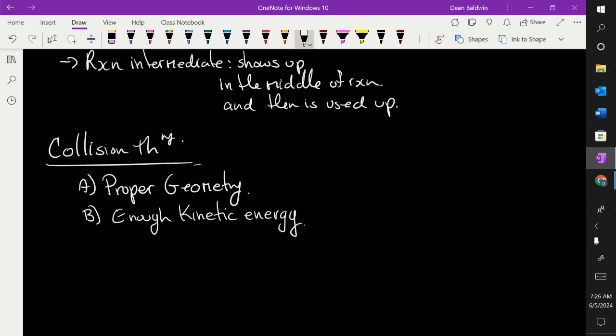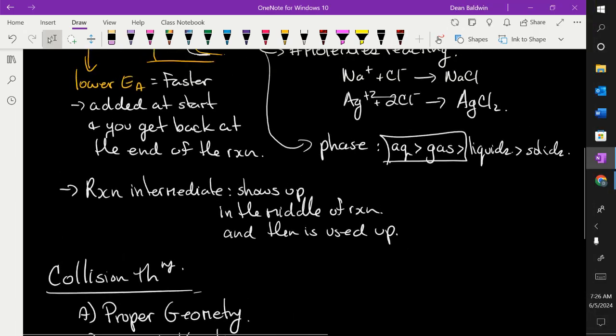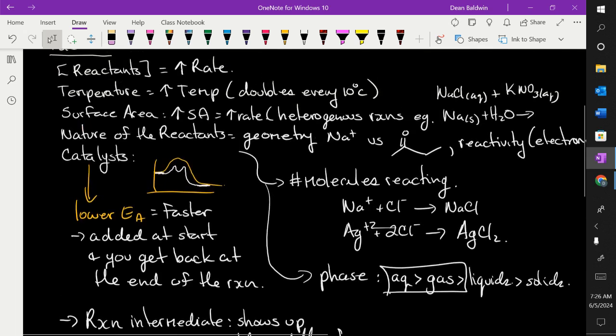All right. If you have those two things, that's why increasing the temperature, increasing the concentration of the reactants gives you more collisions, which increases the probability of having a successful collision. Okay.